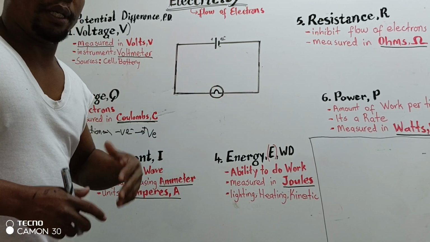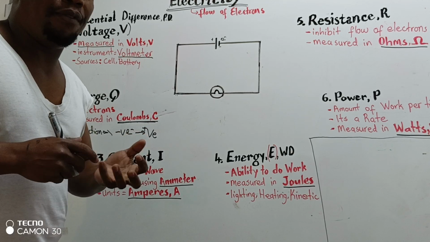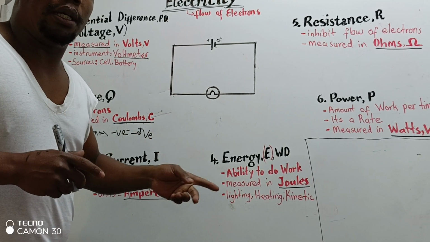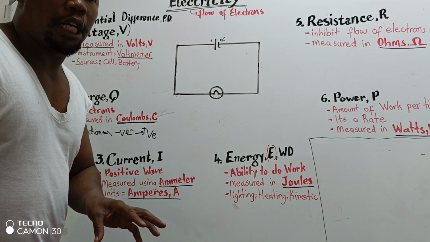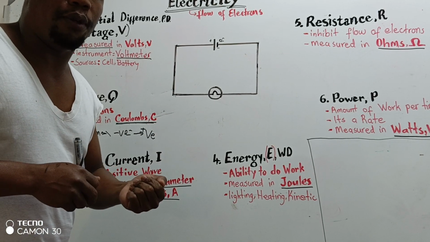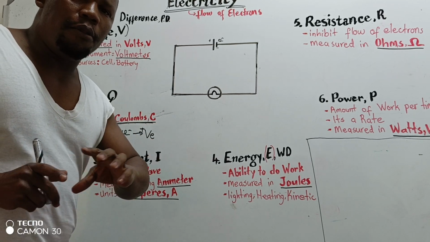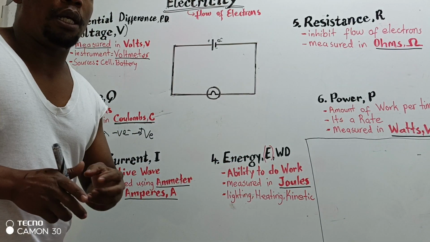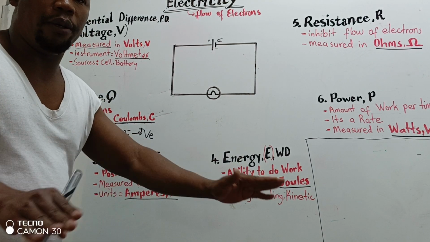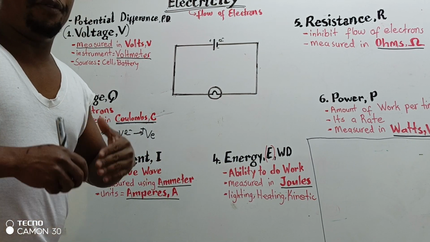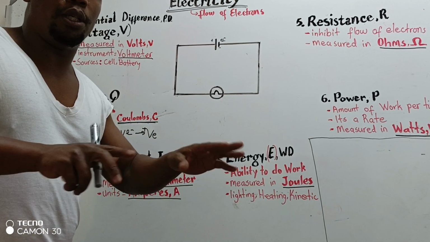Electrons, as they flow around the circuit, carry that energy. Every time there's energy flow, there's going to be a wave. A wave is a disturbance. Every time there's energy conversion from one form to another, there's always a wave.